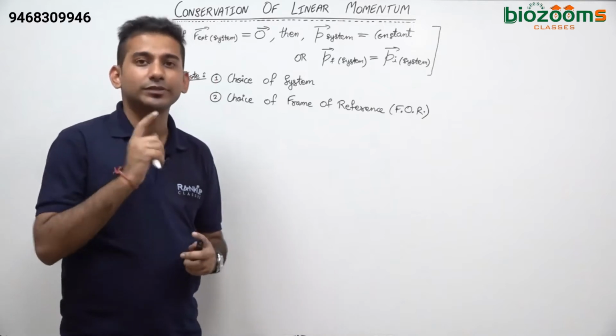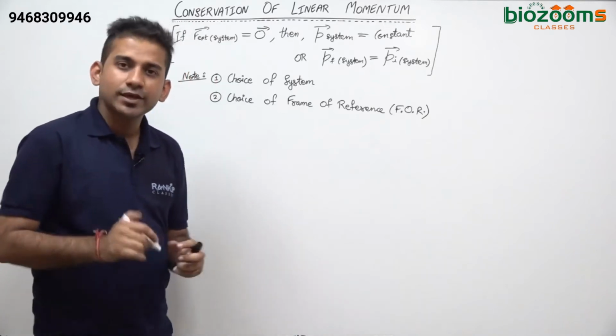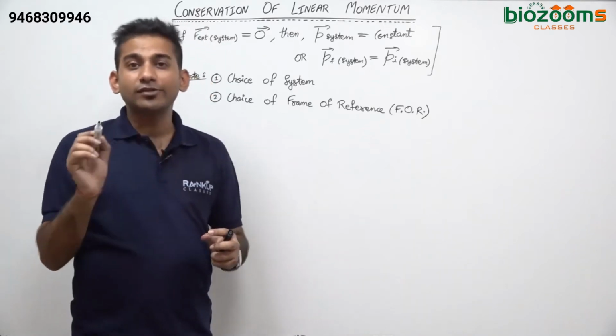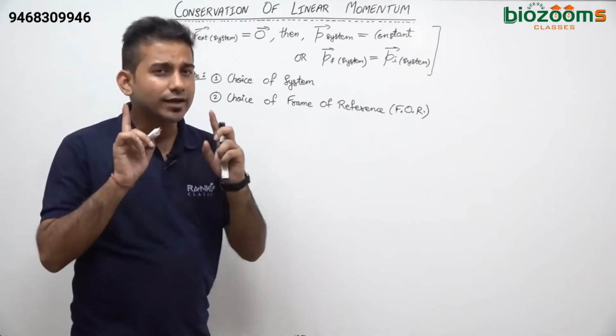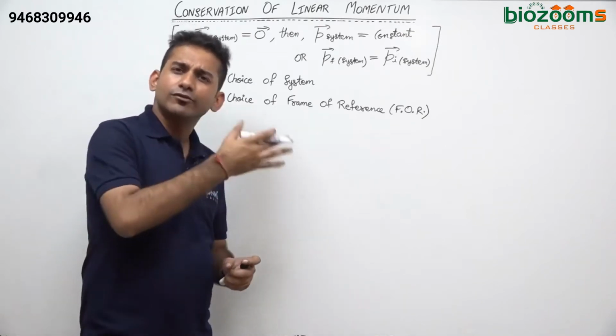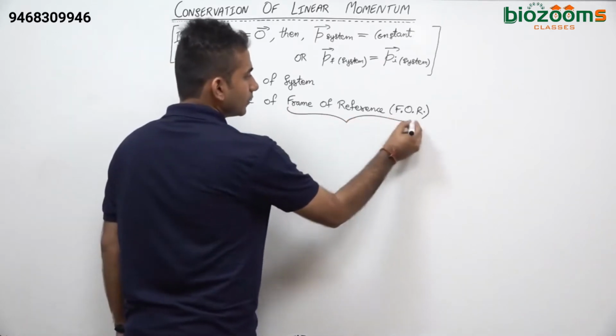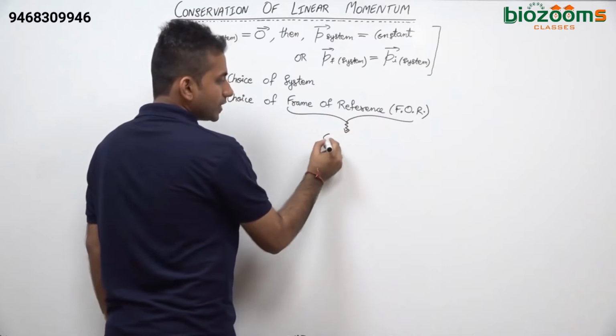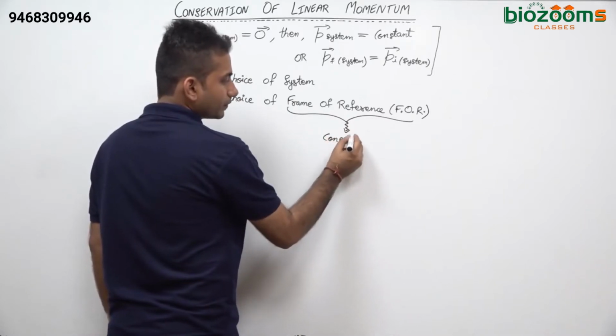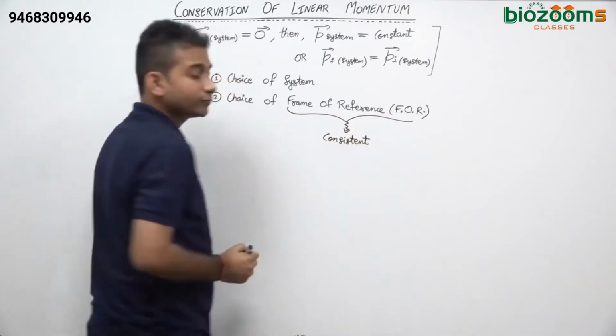This must not be the case. While writing the initial and final momentum of the system, one should be consistent, one should have a fixed frame of reference. So this frame of reference must be fixed. You must be consistent with that frame of reference.